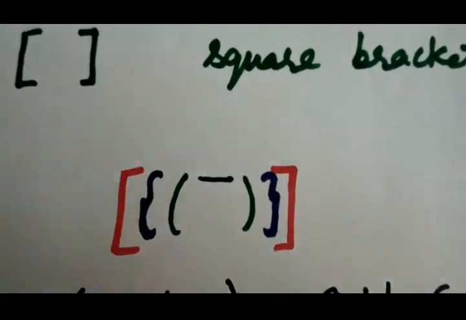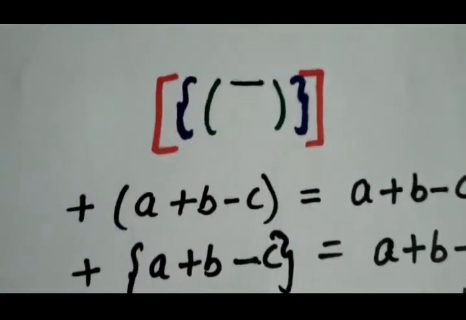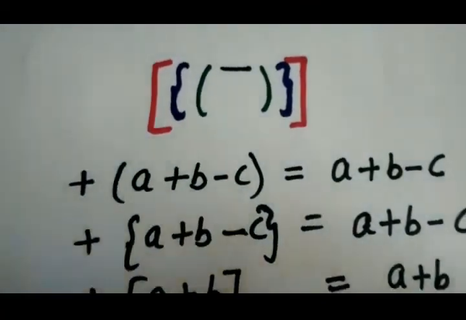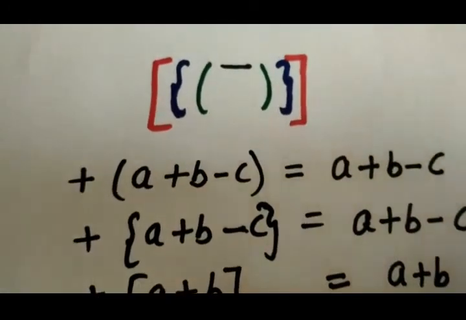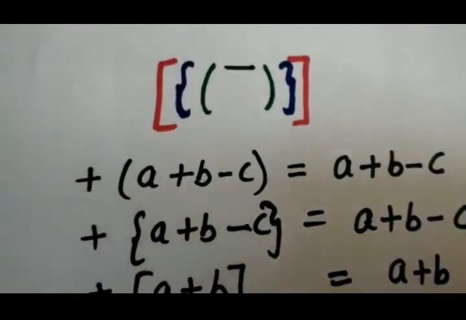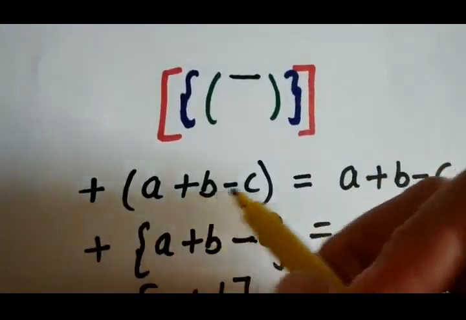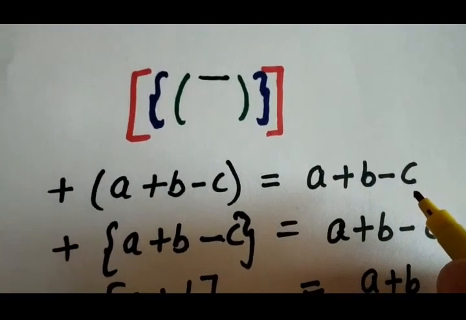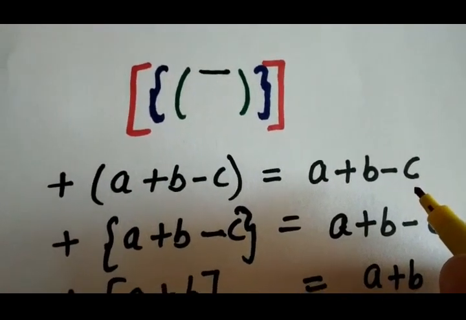Now, we have to learn 2-3 points here. If there is a plus sign or negative sign outside the bracket, is there any change in the value of that expression or not? Yes, if there is a plus sign outside the bracket, there will be no change in the signs of any term of the expression.